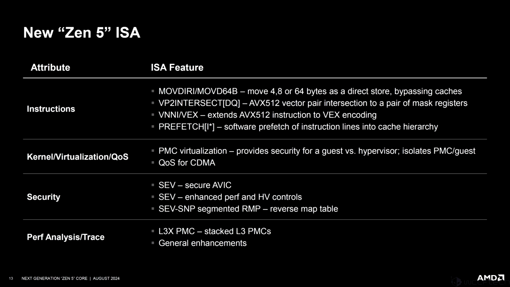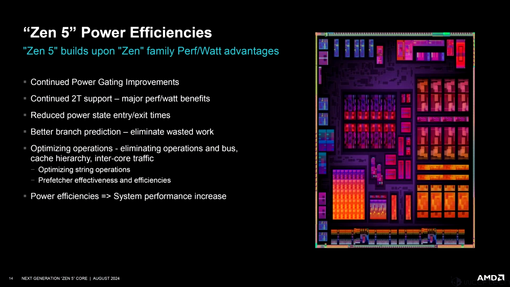Supports more L3 in-flight misses and configurations include 32/16 MB L3, Zen 5, Zen 5C, 4 MB per core, Zen 5, and 2 MB per core, Zen 5C. Talking about the 2 configurations, the Zen 5 core is optimized for peak 1T performance, while the Zen 5C core is aimed at power and area optimized platforms.